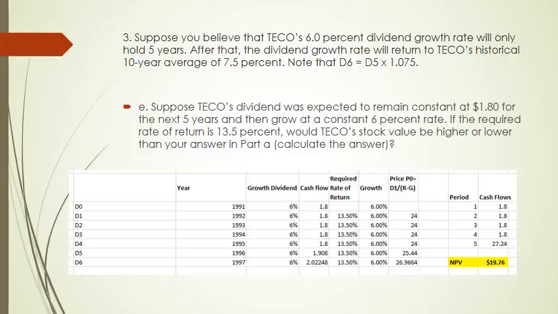I ended up creating a new table like the previous one for Part A, Part B, and Part C. The only difference, I changed the cash flows and the new prices, adjusting it to the constant rate of 6% and the required rate of 13.5%. I ended up getting a net present value of the stock at $19.27.